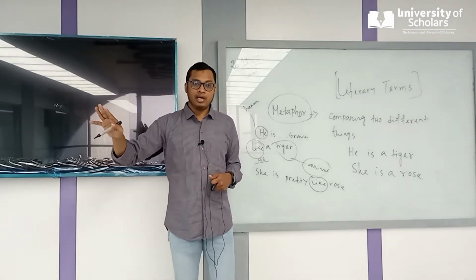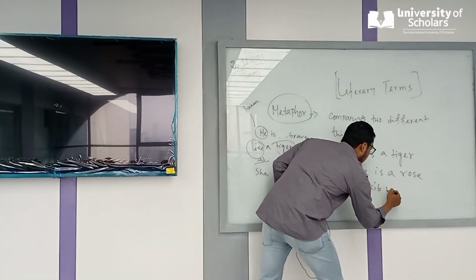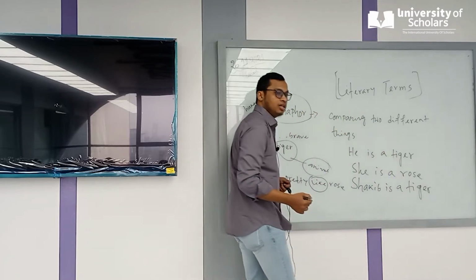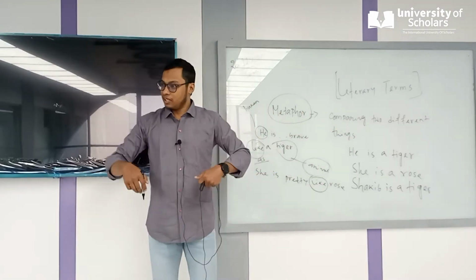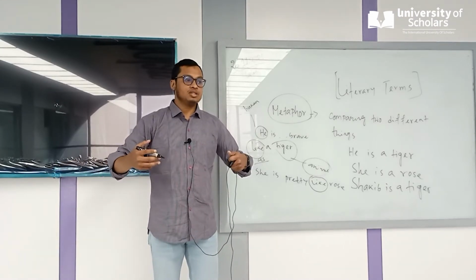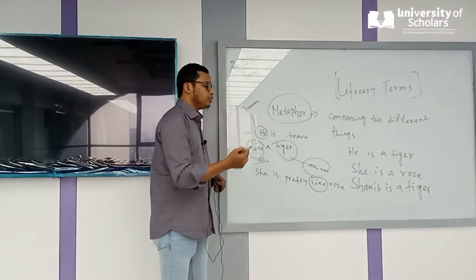Clear? Okay. Now if I say that Shakib is a tiger, does it mean that Shakib is becoming a tiger? No. The quality is that he is so brave like a tiger. Clear? So the simile and metaphor are almost the same.